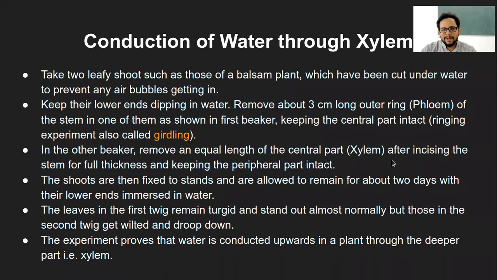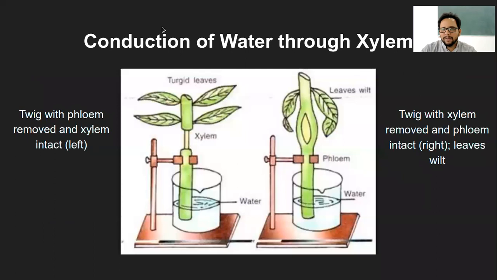And the third experiment I remember we had done was that the conduction of water happens through xylem and not through any other tissue. Then we had done this girdling kind of experiment where all the other tissues except xylem were broken, and the leaves were seen to be turgid, or they stand out.